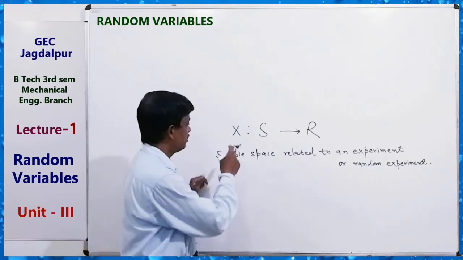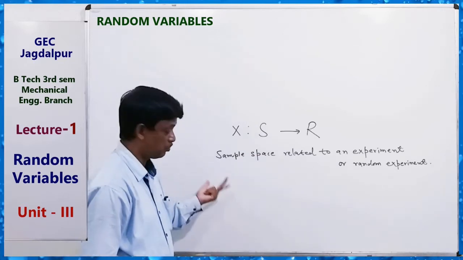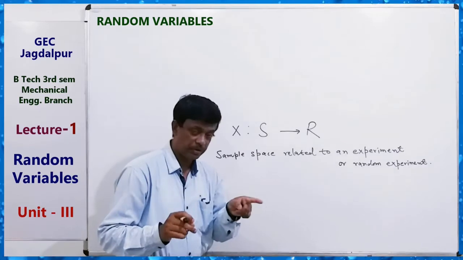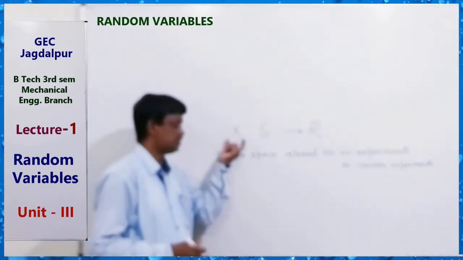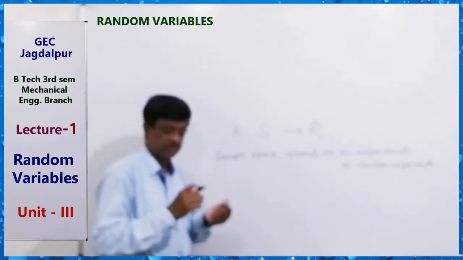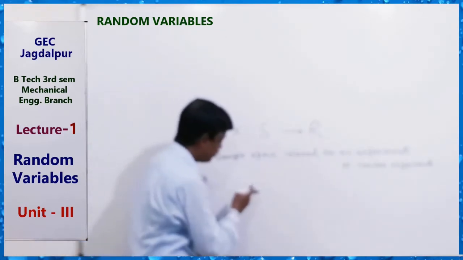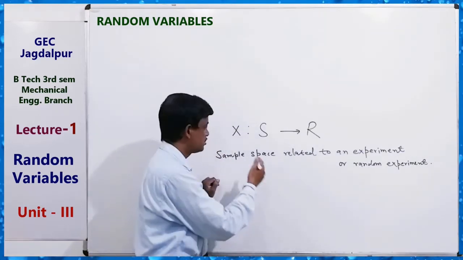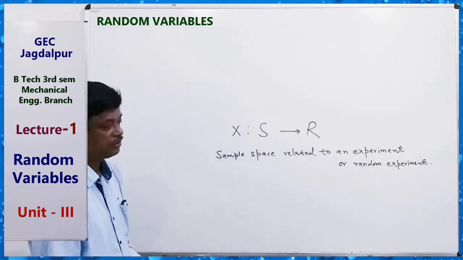For a random variable, there are properties: it takes values which depend on chance, or discrete values here, 1 or 2 or 3 or 4 or 5. This type of example can be given for a random variable.